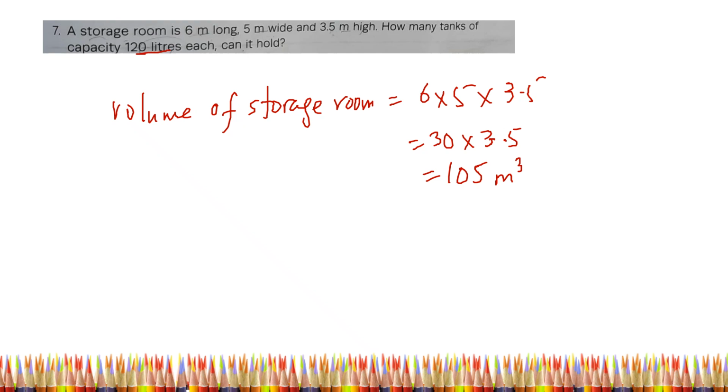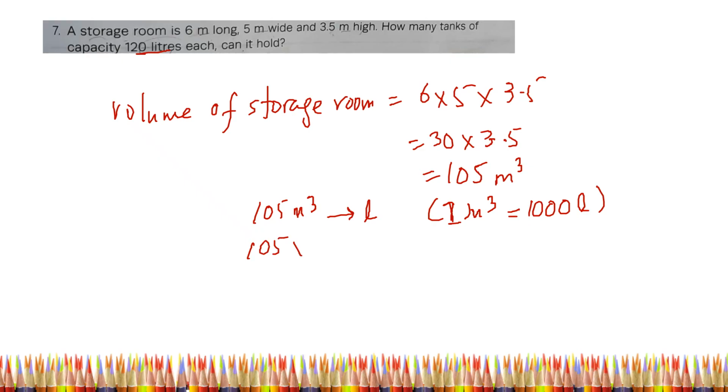So we will convert 105 meter cube to liters. We know that 1 meter cube has 1000 liters. So 105 multiplied by 1000 is 105,000.